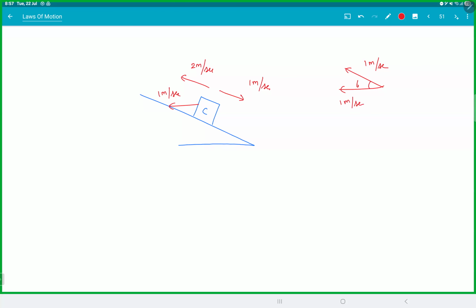And this angle is 60 degrees. Therefore, the velocity of C will be, the horizontal component will be 1 cos 60 times minus i cap, plus 1 sin 60 j cap. That will become minus 1 by 2 i cap plus root 3 by 2 j cap.